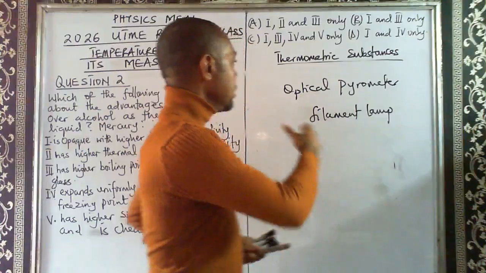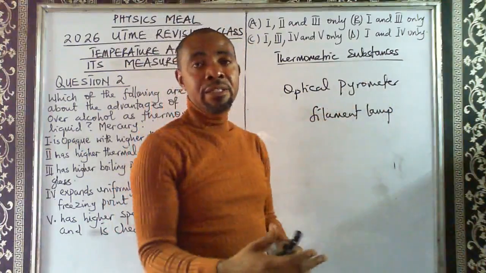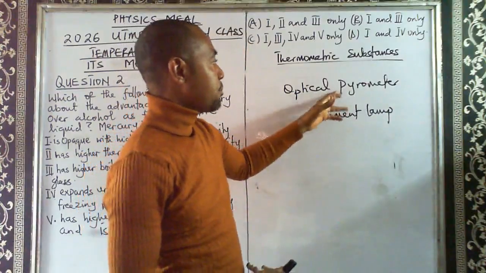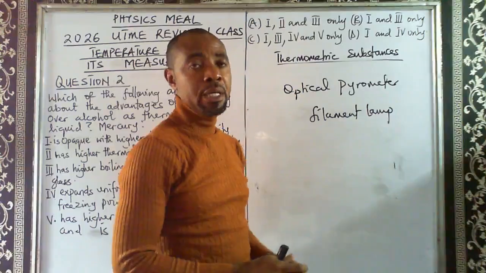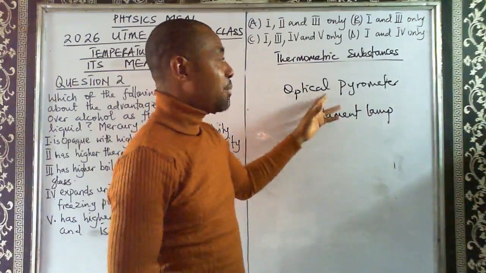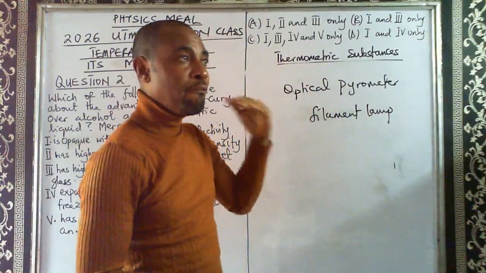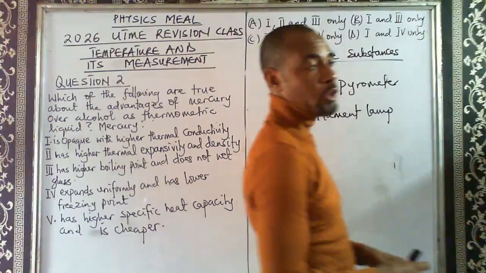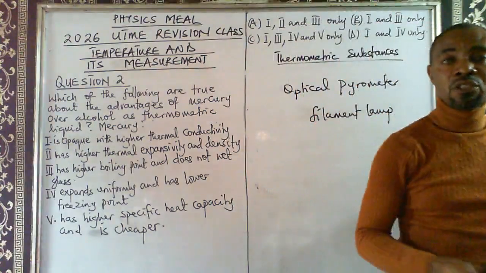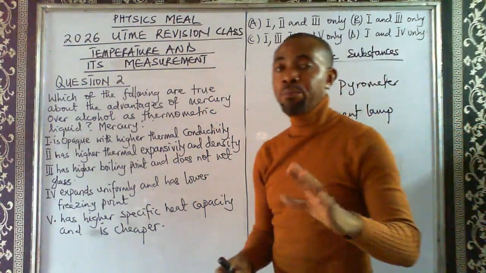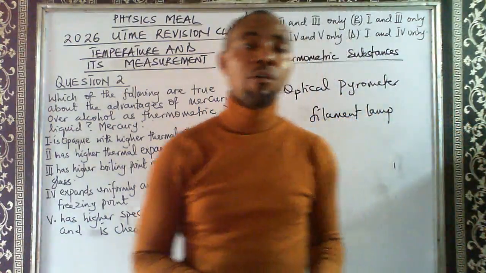So the change in light intensity can also be used as a basis, but that is used in the optical pyrometer. The optical pyrometer is a very important type of thermometer because it's used in measuring very high temperature. So when you have a system that usually generates high temperature, the optical pyrometer will be the best thermometer for it.